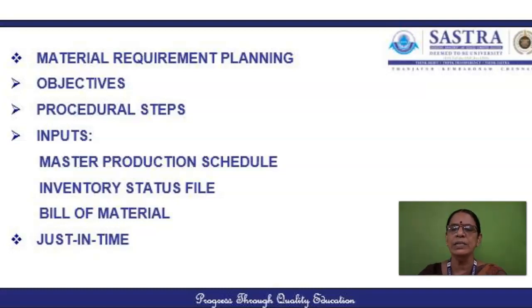Now what about the conditions that are required for MRP? MRP is said to be useful only when the following conditions are present. The final product is complex and it is made up of several levels of assemblies which have common parts and sub-assemblies.